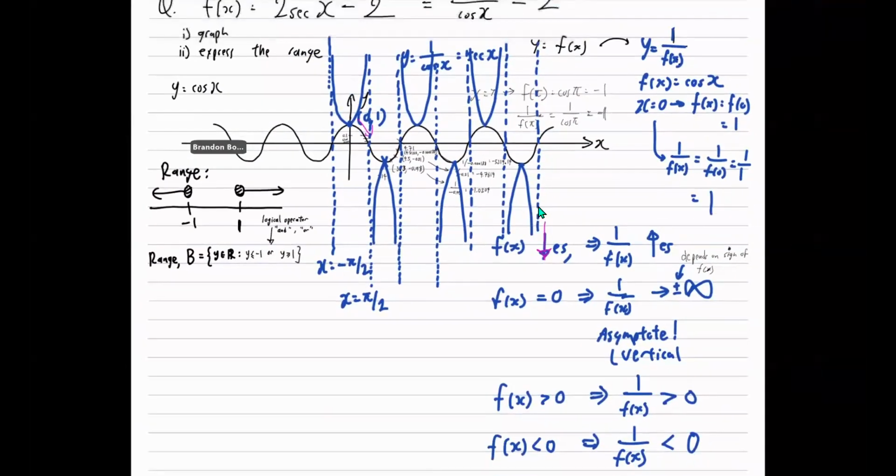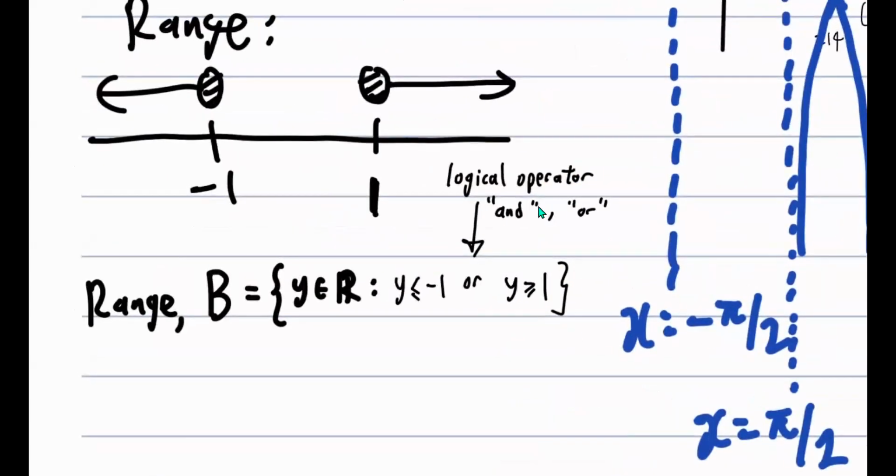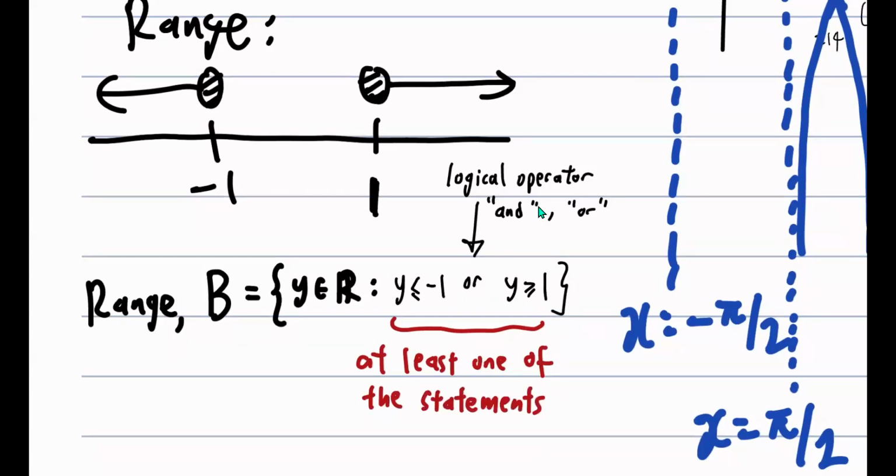Okay, good. Then, by the way, just to give you some extra ideas, with or, you just need at least one of the statements to be true. The statements here are y less than or equal to -1, y more than or equal to 1.